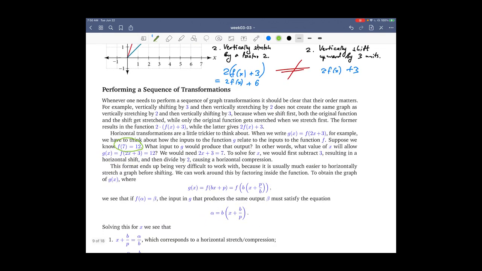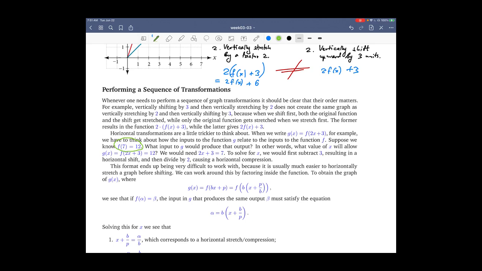Well, because g of x is f at 2x plus 3, we need 2x plus 3 to be 7, because 7 is where f is 12. Now, when we look at this equation, 2x plus 3 equals 7, and think how we solve it for x, we see that we first subtract 3, which produces a horizontal shift, and then we divide by 2, correct?